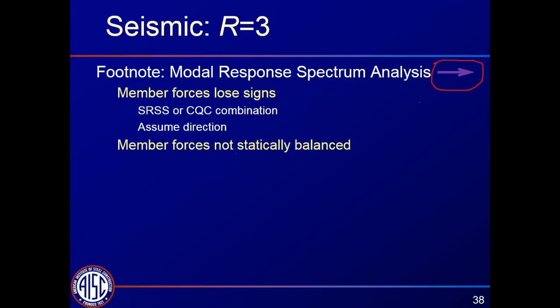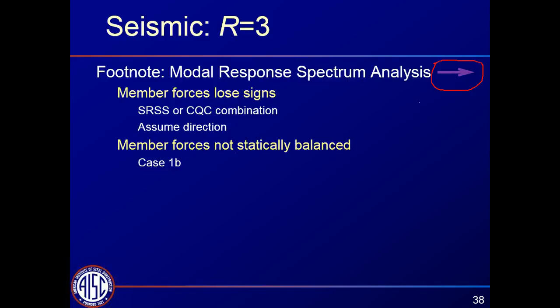Similarly to the other conditions that we had, the member forces are not statically balanced. We're taking the modal maximum or the modal combination maximum of each brace force and perhaps the collector force as well. And these maxima may not occur under the same conditions, and so we don't have a statically balanced set of forces.